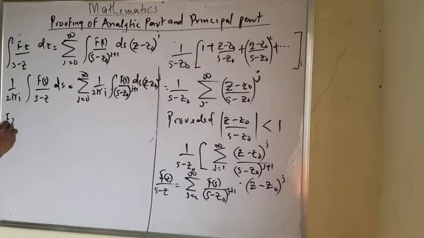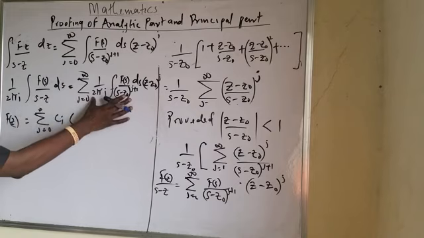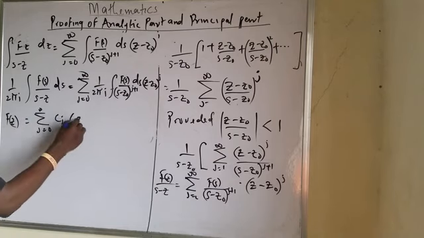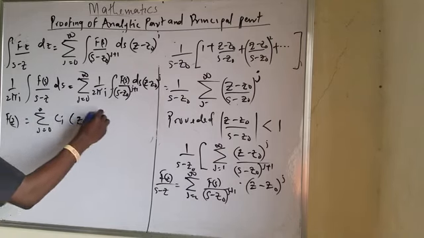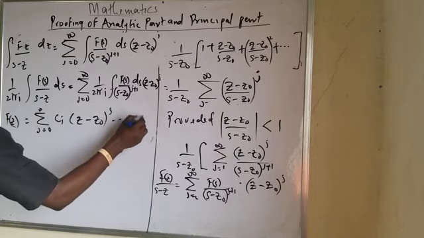Now, f of z will be equal to the summation of j equals 0 to infinity of c of j, because everything here is c of j, which I've done earlier, and z minus z naught bracket of j. We call it star.